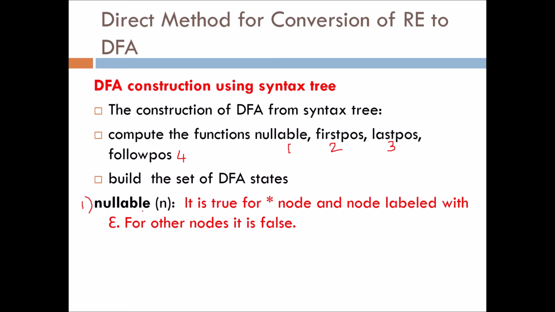The value of nullable for any particular node is true only for a star node. Nullable can have two values, true or false. Only if the node is a star node, its value will be true, and for all the other nodes, the value will be false.